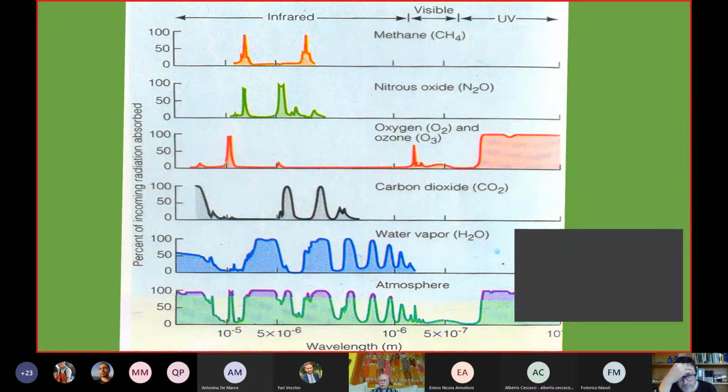Then you see the carbon dioxide, you see water vapors, and at the bottom, you see the effect of all of them, because all of them exist in the atmosphere, but you can also see the window of the light, because very little, if any, is absorbed in the passage between the sun and the surface of the Earth as it passes through the atmosphere.